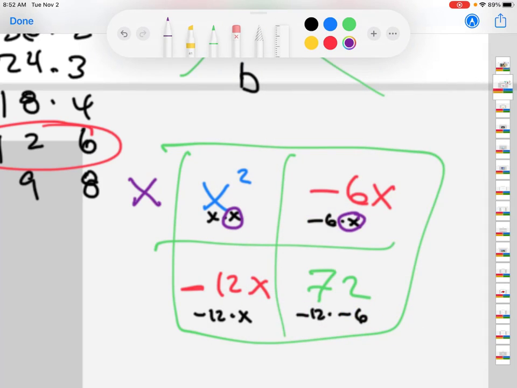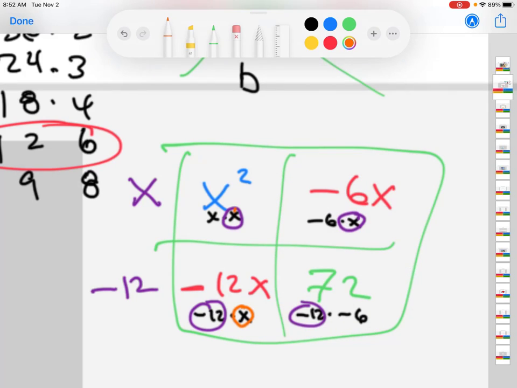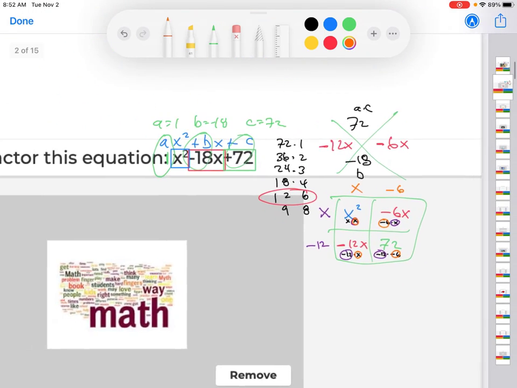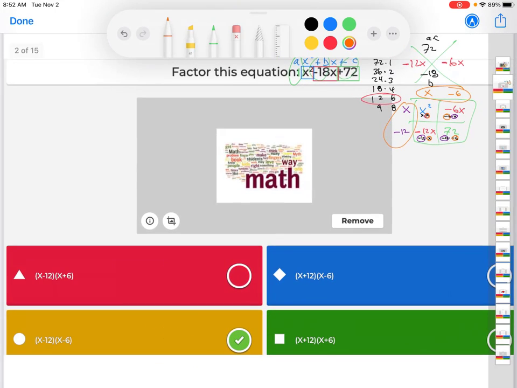They have a negative 12 in common, so you write that out here. And then you can do that in the other direction. Here they have an x in common, and this one they have a negative 6 in common. So notice I have x minus 6, x minus 12, and that is this choice down here, the yellow one.